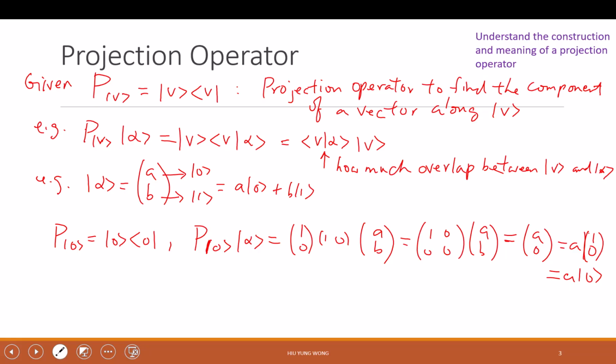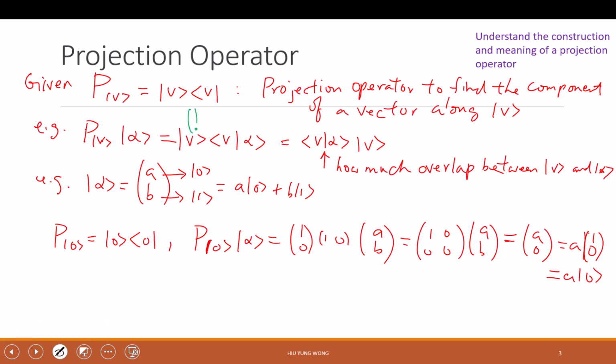So what do we do? We just apply the projection operator, v outer product v, right? This is the ket, this is the bra, so this is the operator. Apply it to alpha. When you do this, you can use the associative rule, but always be careful how to use it. Sometimes just think about matrices.